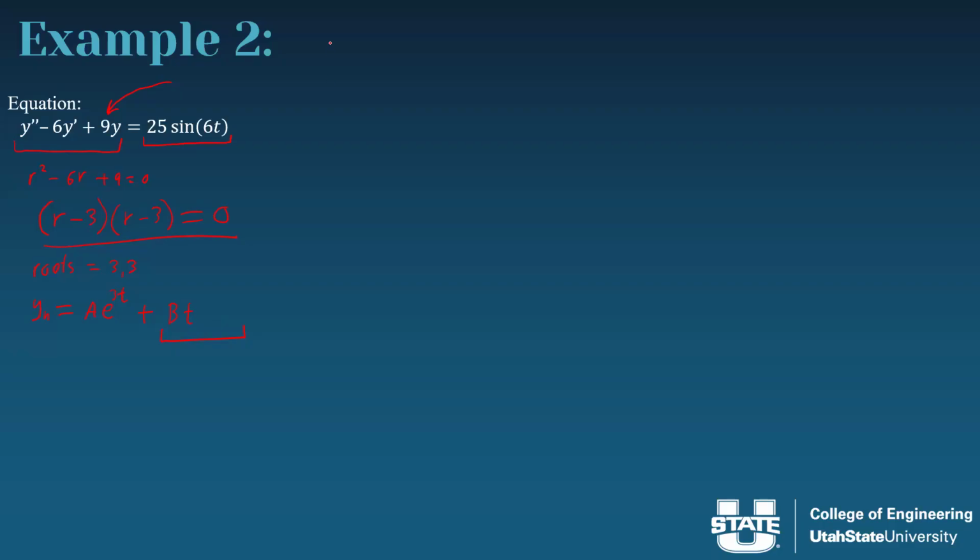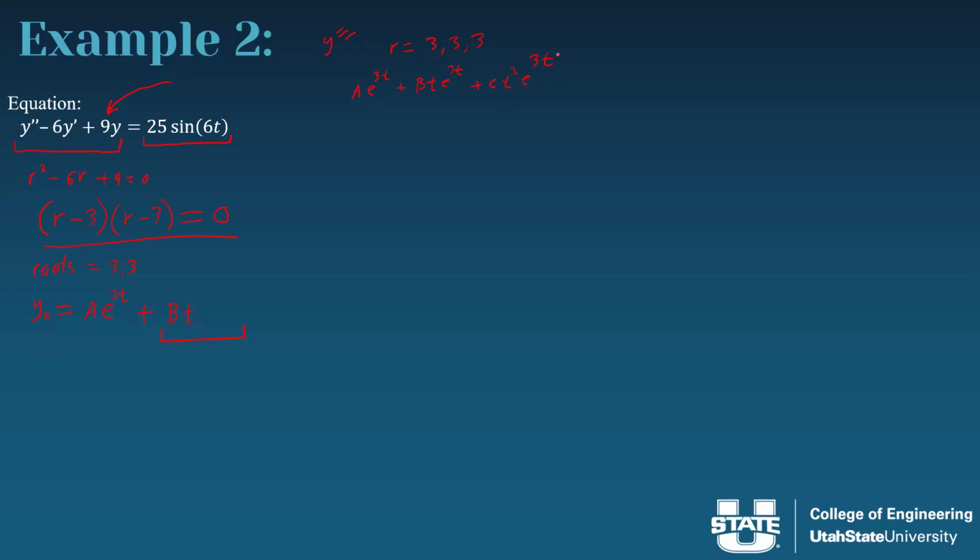Imagine if we had a y prime in here, and for some stroke of luck, we found that our r's are 3, 3, and also another 3. Like you said, we would have a e to the 3t plus b t e to the 3t, and then plus c t squared e to the 3t.